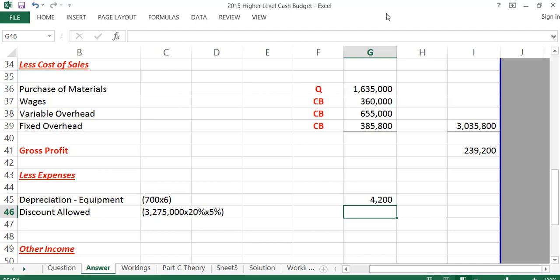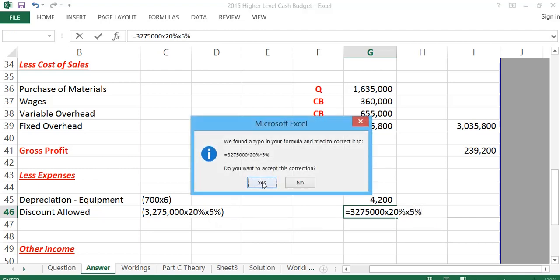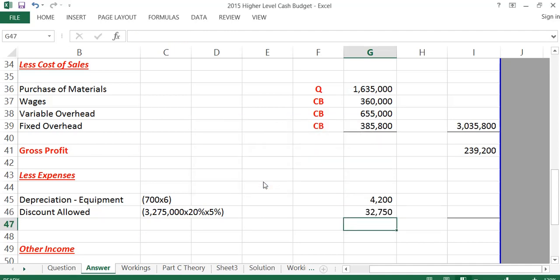The discount allowed is on sales. So we just get our total sales figure from the question, 3,275,000. We allowed a discount on cash sales, and 20% of the sales were for cash, and the amount of the discount we allowed was 5%. So it's 3,275,000 by 20% by 5%, which is 32,750.